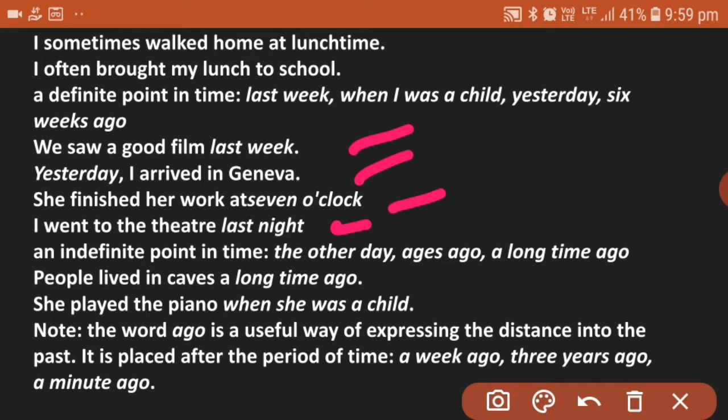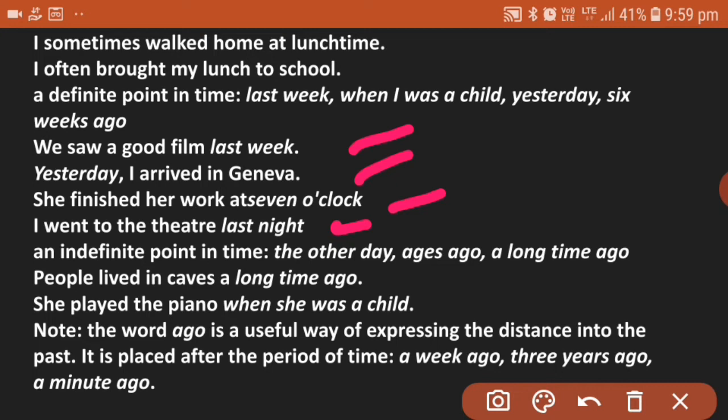It means that it has passed away. In the past time, you can say normally, an indefinite point in time: the other day, ages ago, a long time ago.